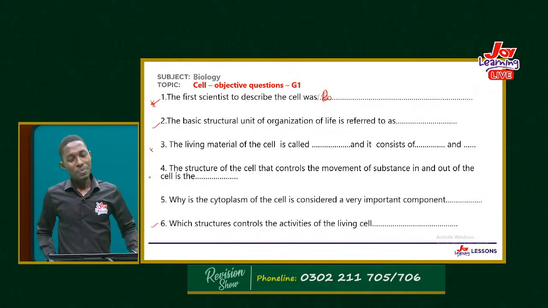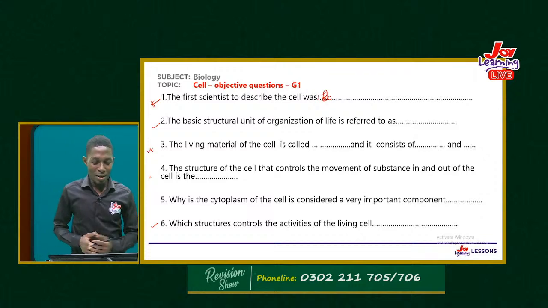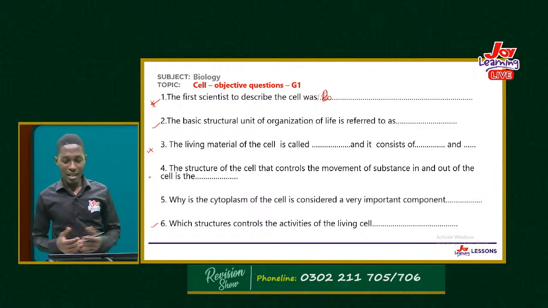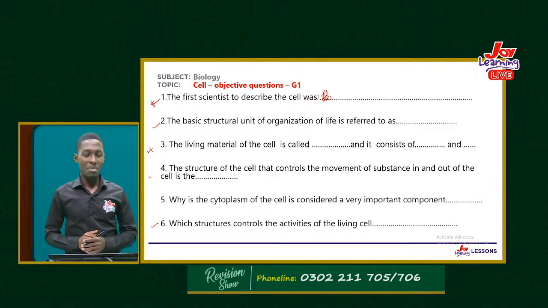Okay. And it consists of? It consists of the protoplasm and the nucleus. Okay. Let me give an asterisk there again. The structure of the cell that controls movement of substance in and out of the cell is the? It's the vacuum. Okay.